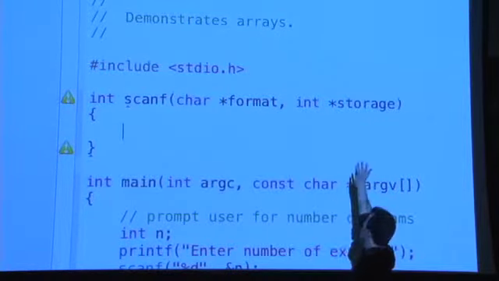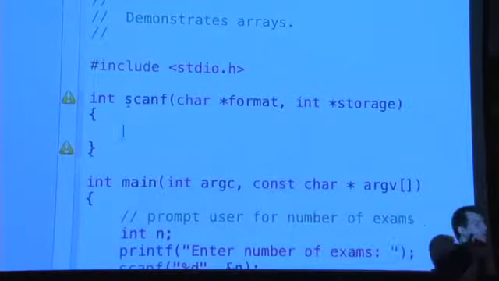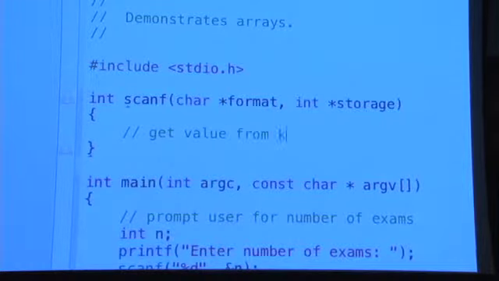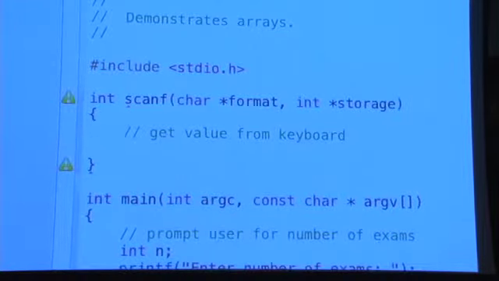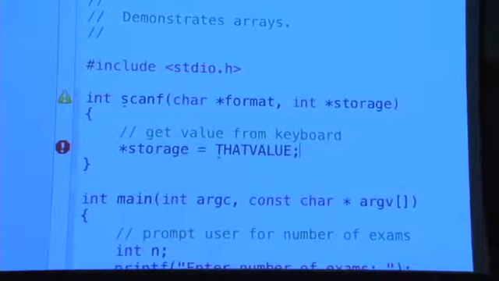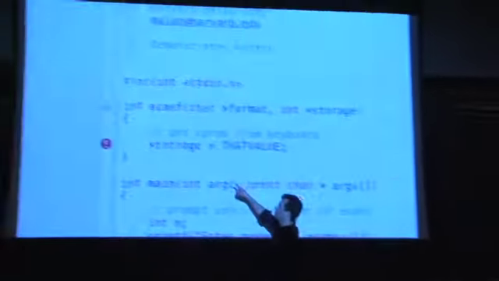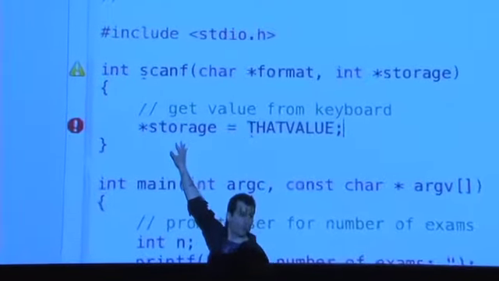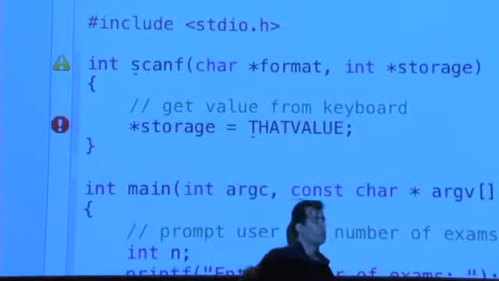It's going to take, let's just say, one pointer to an integer, storage. How scanf is going to be implemented is essentially: get value from keyboard, and then you're going to do star storage gets that value, whatever it is. Pardon the pseudocode. So star variable means go. If storage is literally a pointer, 1, 2, 3, 4, 5, star means go there. So it's the opposite of the ampersand.